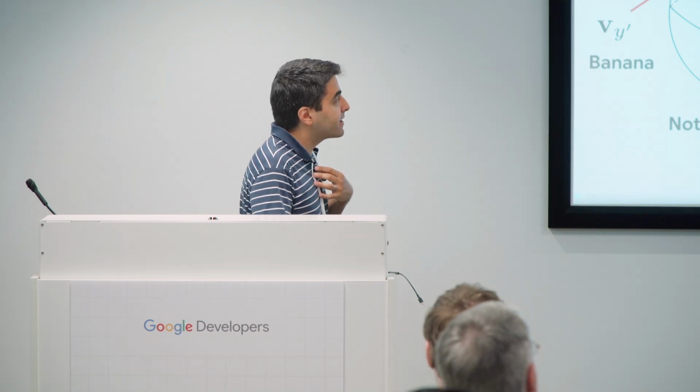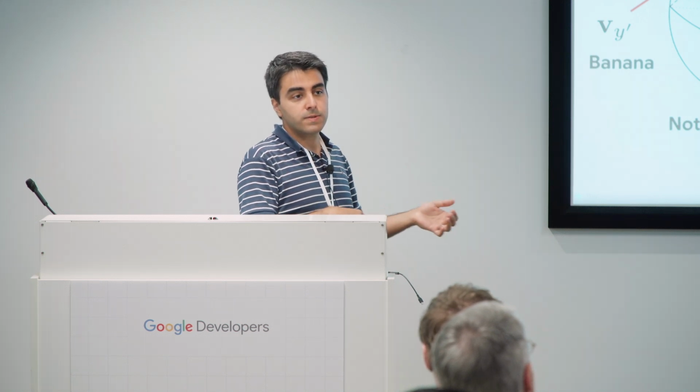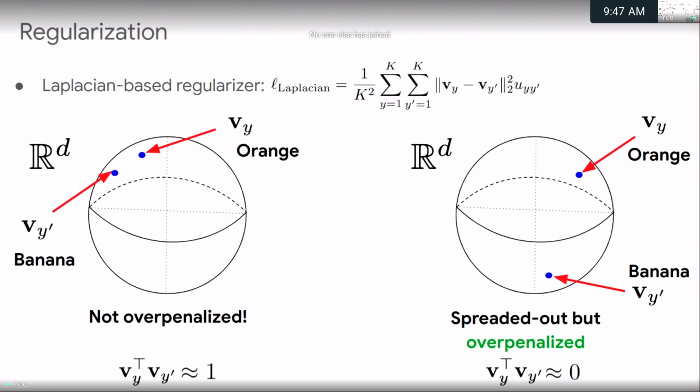So if this similarity is high, then we need this term to be small, such that the loss function doesn't get large. So now the question is, how can we figure out this u sub y y prime? What is a good measure of similarity?